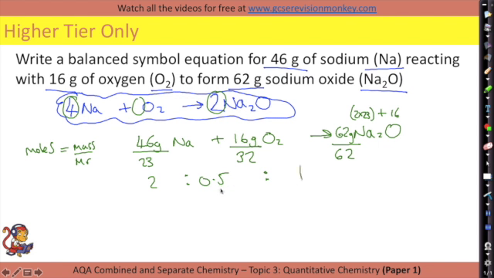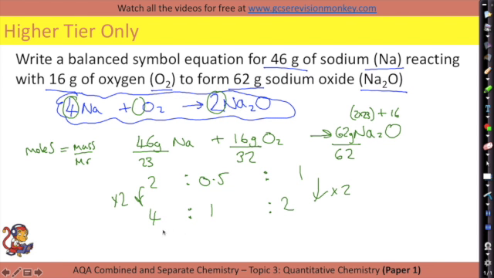But we can't leave a decimal point in there. We have to make whole numbers. So if we multiply each number by 2, that will give us a whole number because we need to get this one to 1. So if we multiply everything by 2, we should end up with whole numbers. So we've got 4 to 1 to 2.